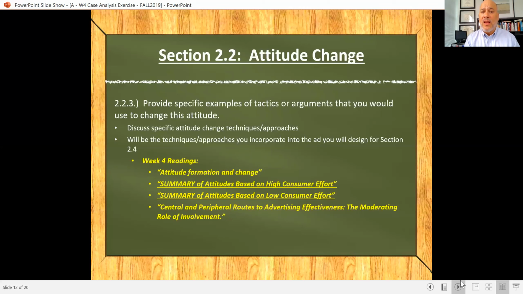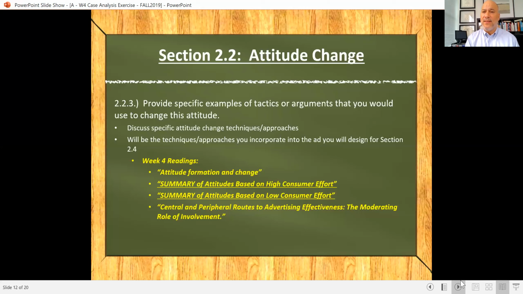So as you think about changing their attitude or how you're going to do that, note specific ways. Now, again, I want to note a couple of specific readings from week 4 that are valuable here. First, the one about attitude formation and change, and also the readings of the summary of attitudes based on high consumer effort and the summary of attitudes based on low consumer effort. Those readings specifically talked about changing attitudes based on high or low consumer effort.